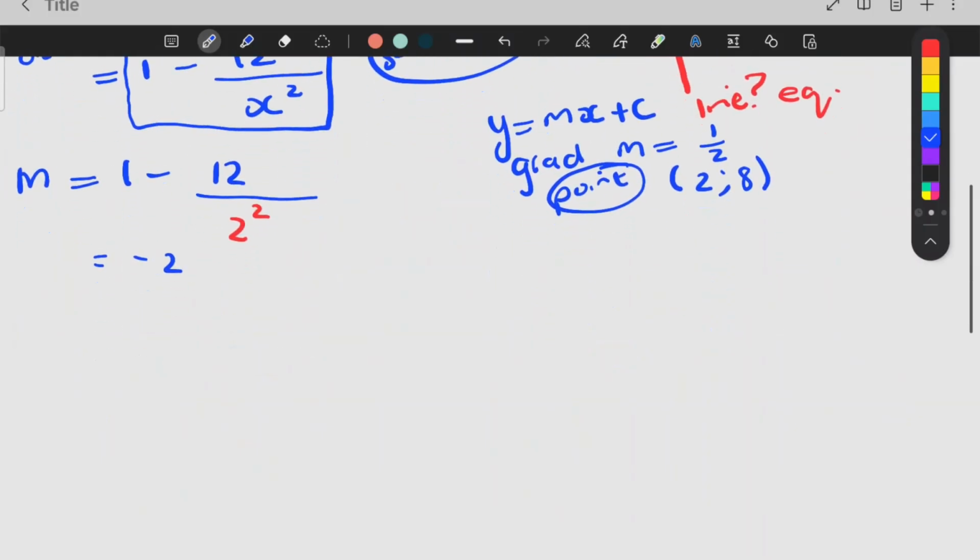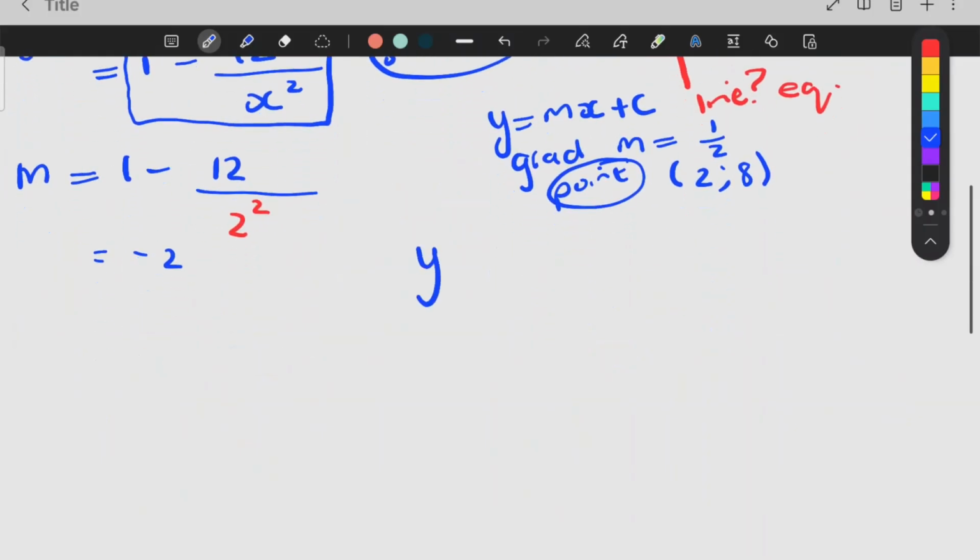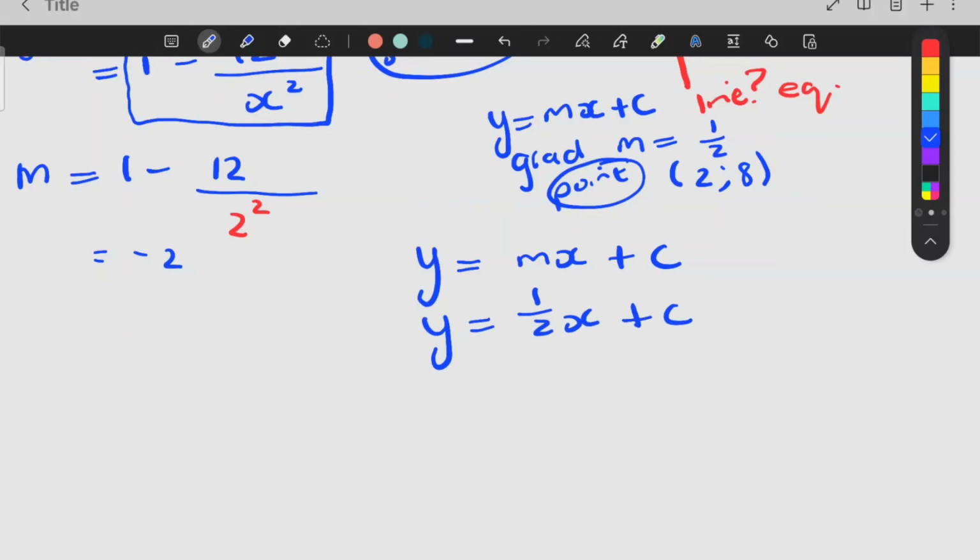Okay, so now we have enough information to get the equation of the line. So y is equal to mx plus c. y is equal to a half x, because m is a half. And then we're going to sub in our point. Our point was 2 and 8. So y becomes 8, and a half times x becomes 2, plus c.